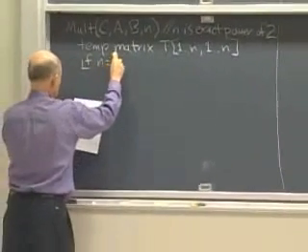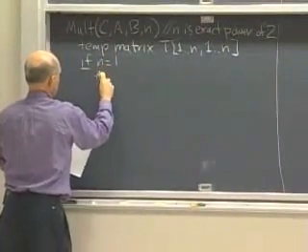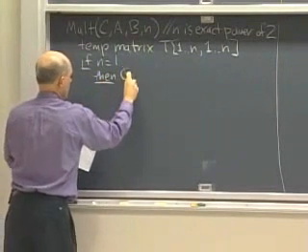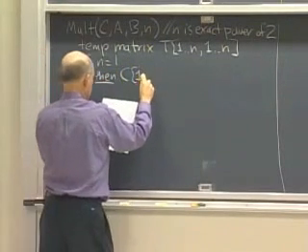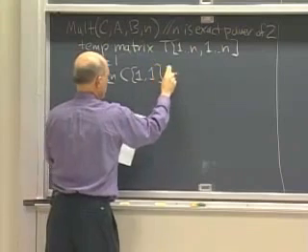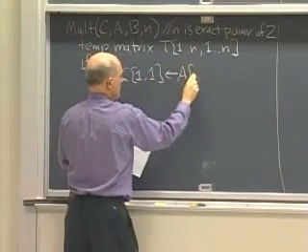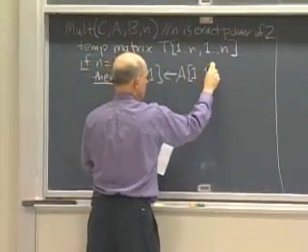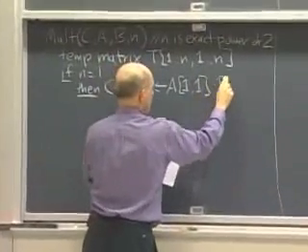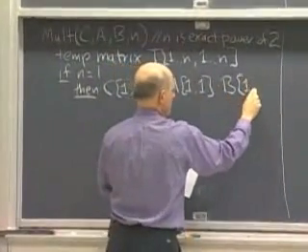Okay, if n equals 1, then C of 1, 1 gets A of 1, 1 times B of 1, 1.